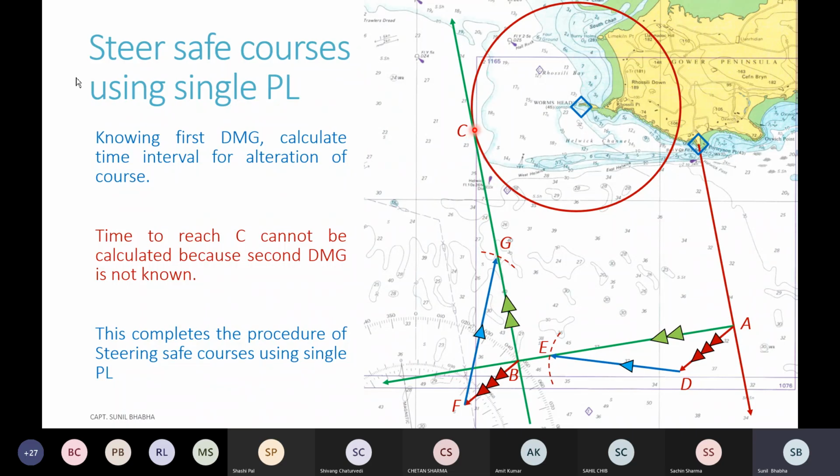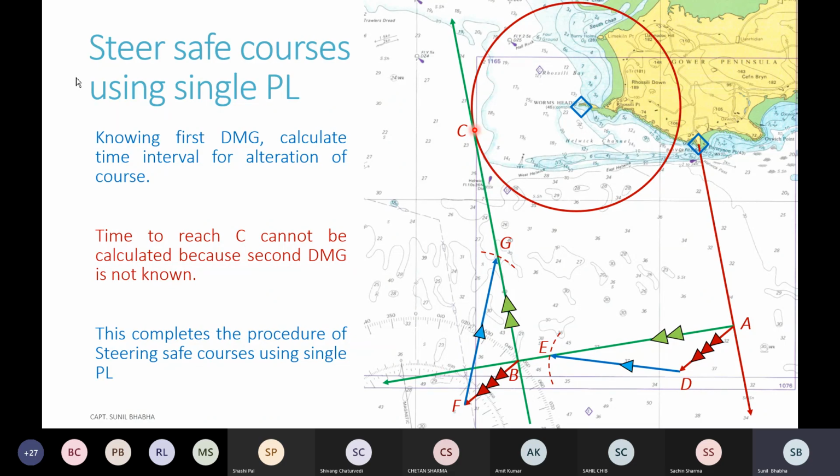reach point C. So you can clearly see here that even though we were not aware of our initial position, we were still able to calculate the set of these two courses. If we follow these two courses, we are certainly going to reach our destination, point C, or we are certainly going to pass while maintaining the minimum safe distance from Worm's Head point.